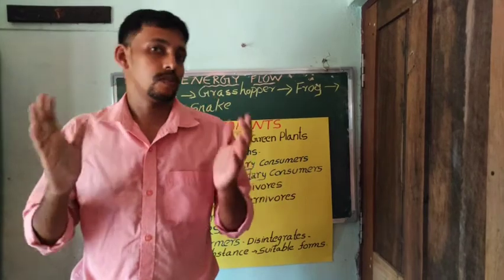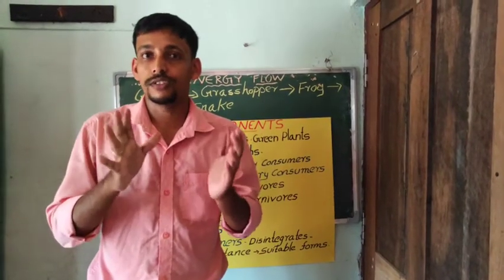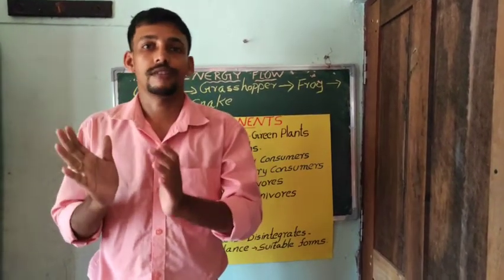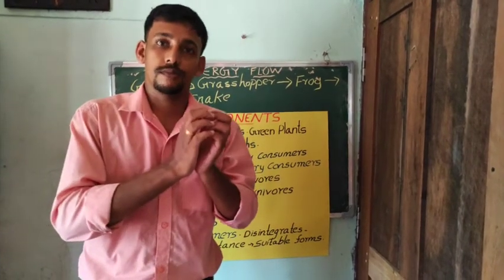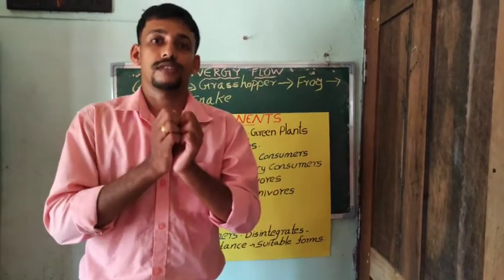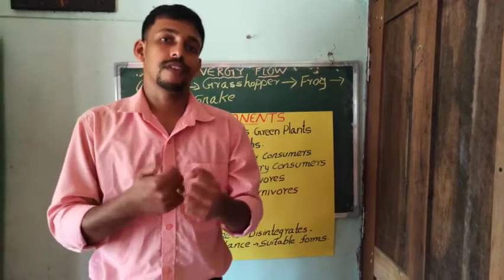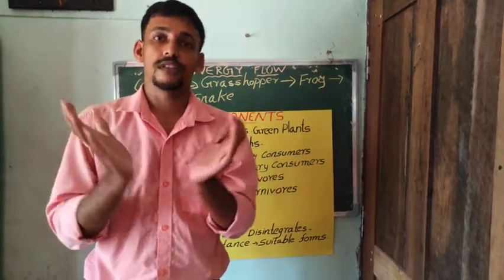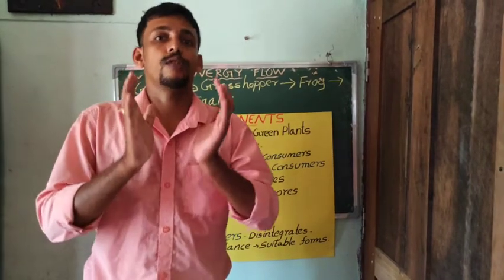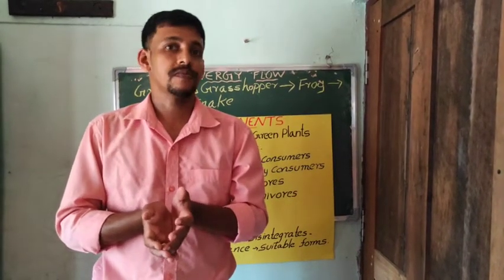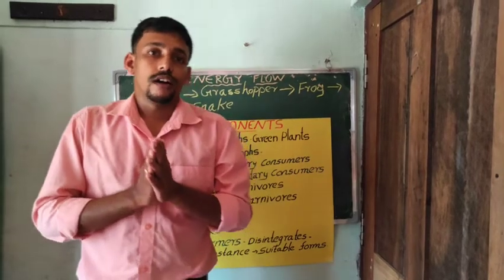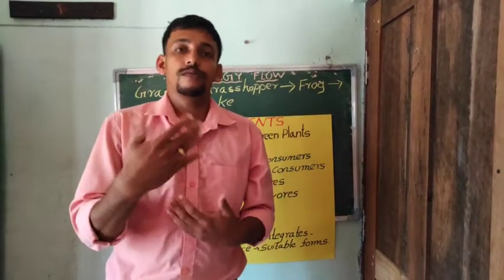So what is an ecosystem? It's a unit in which there is an interaction between the organisms, the biotic components, as well as their interaction with the abiotic components. All this constitutes the ecosystem. The next class we will continue.